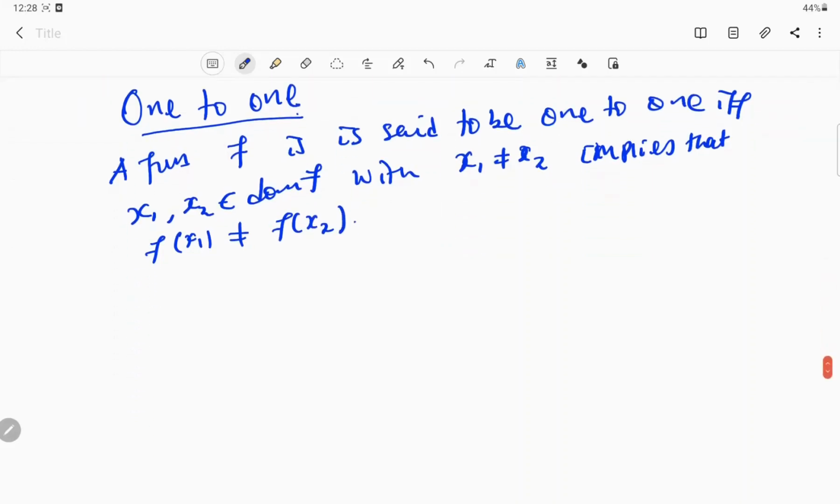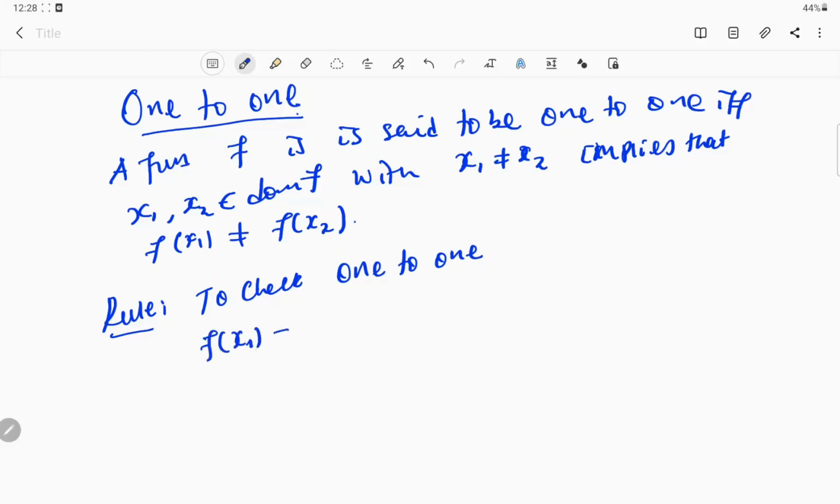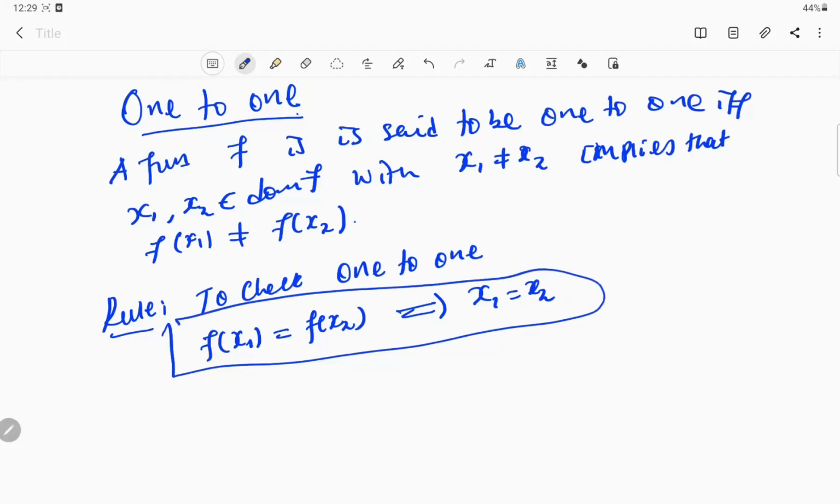Or we can rewrite this as a rule. To check one-to-oneness, you start by supposing f(x1) equals f(x2), and if you show that x1 equals x2, then you are done. So this is the one-to-oneness criteria.